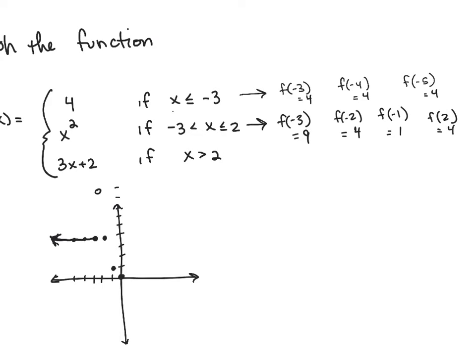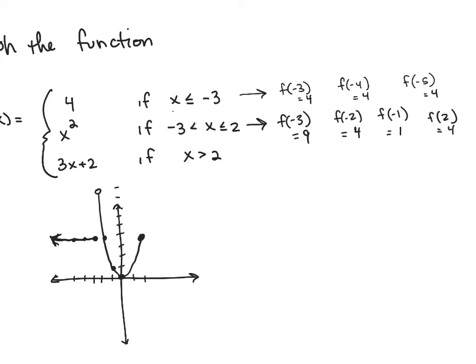And remember, 2 was one of our boundary numbers here, so we check is it an open or a closed, and because it's less than or equal to, that's a closed, so (2, 4). So this piece of the graph is just a portion of a parabola, or a quadratic function, between -3 and +2, right there.